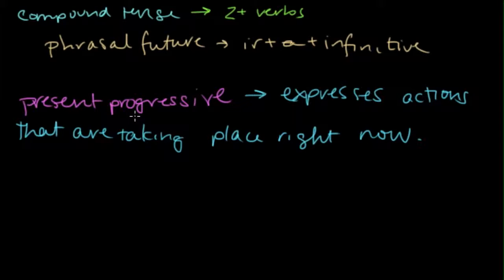That's general. You're not necessarily studying it right now, but you do. With the present progressive, you would say, I am studying Spanish, and that would mean that right now, in this minute, you are studying Spanish. Now, in English, we use this tense a little more liberally than we do in Spanish. Oftentimes you say, I am going to the park, even if you're not actually going to the park right now.